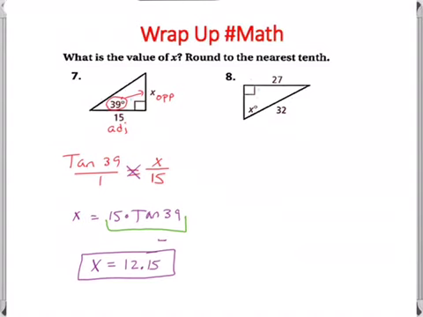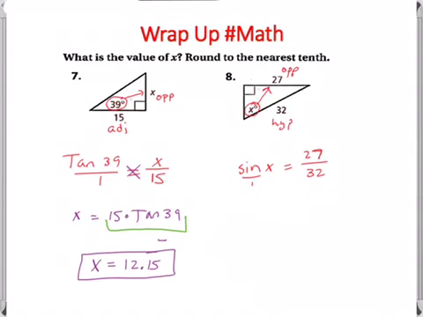Question 8, this time we're looking for an angle measure. So we're looking for this angle here. We've got opposite and hypotenuse. Opposite and hypotenuse is sine, so I've got the sine of x, and you can put that over 1 if you want, equals 27 over 32.